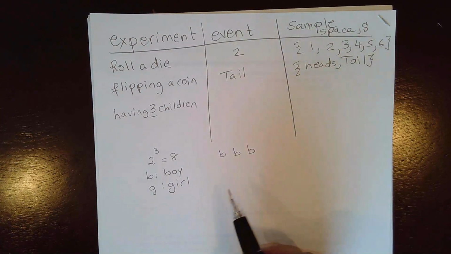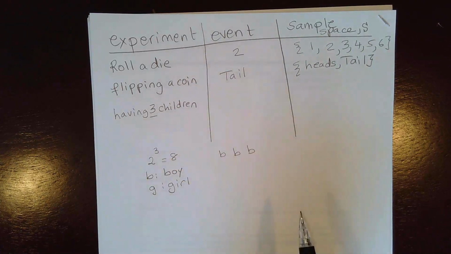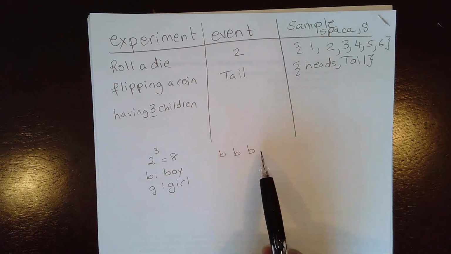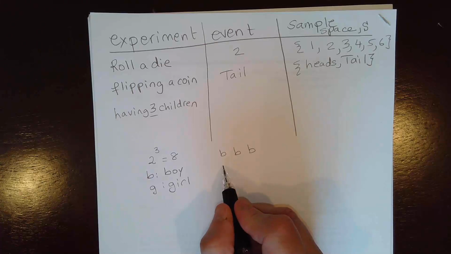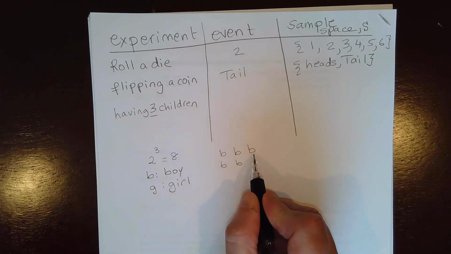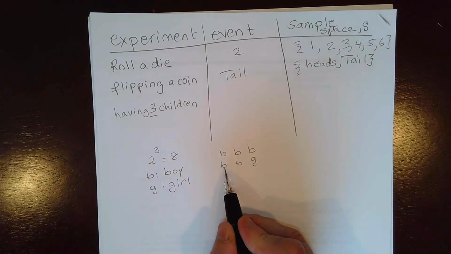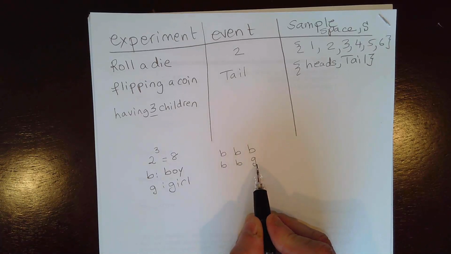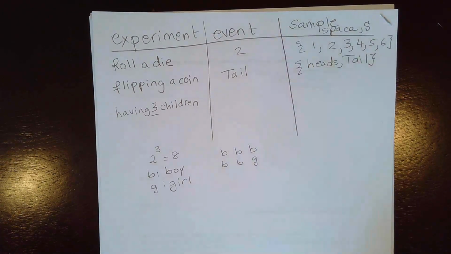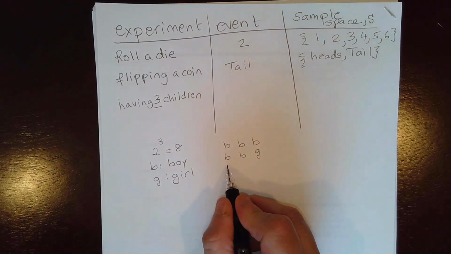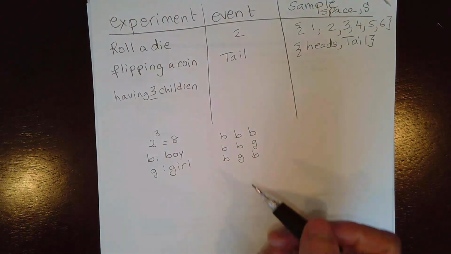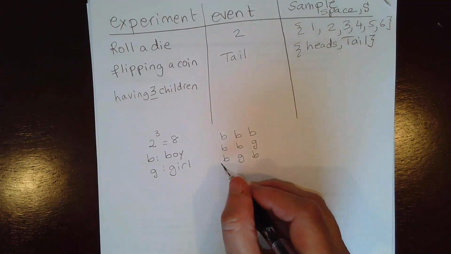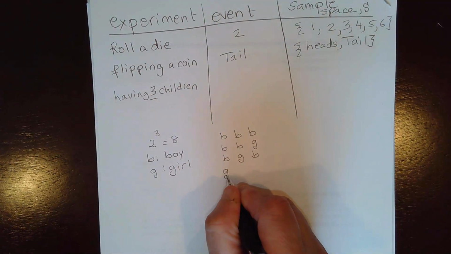Now, the way you can get all 8 possible outcomes, you can start with the same variable, BBB or GGG, and then you change the last one to the other variable. So if we change the last one, this becomes G. So boy, boy, girl. Now we push this to the middle, we get boy, girl, boy. And then we push this one more to the left, girl, boy, boy.